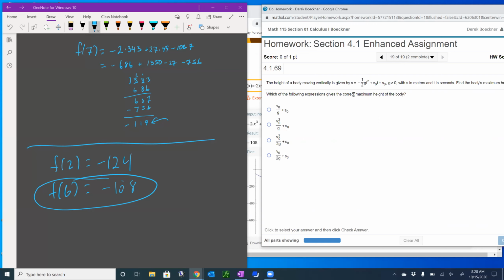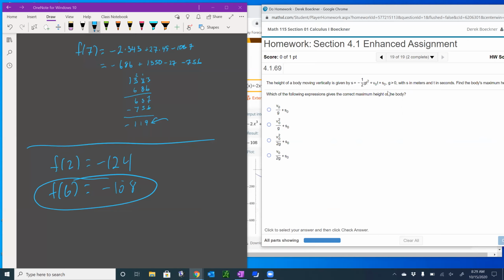G's in this thing, so I think of it as a constant. V naught's a constant, S naught's a constant. We want to find where this hits a maximum, so we can take the derivative, set it equal to 0, figure out what time it hits the maximum, and then plug that time back into the function to get the maximum height. Does that make sense?